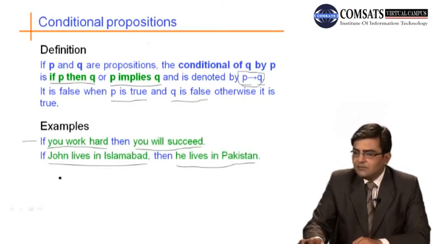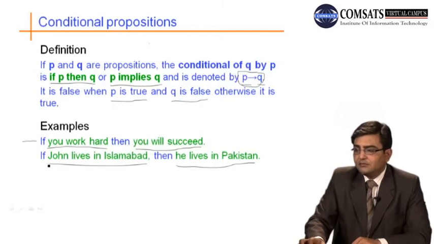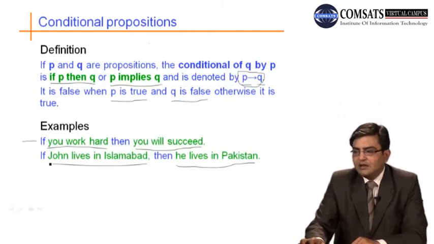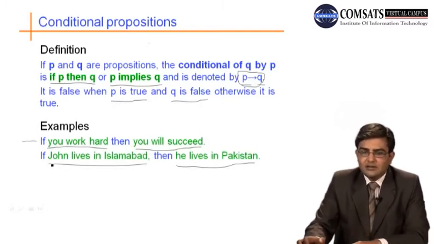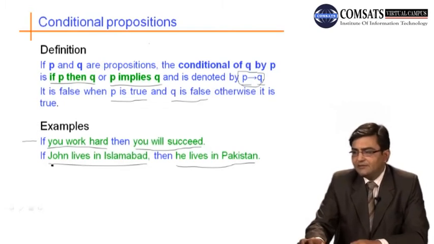The conclusion is true, sorry. If John lives really in Islamabad, then he lives in Pakistan. Then this conditional statement is true. But if we say that if John lives in Islamabad but he doesn't live in Pakistan, then this conditional statement will be false.